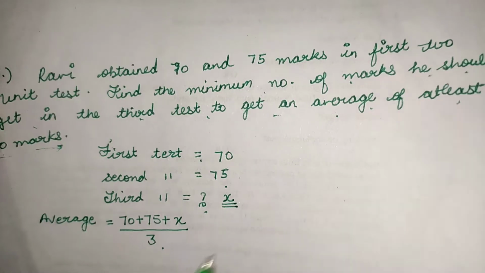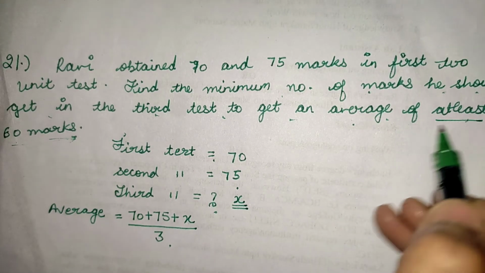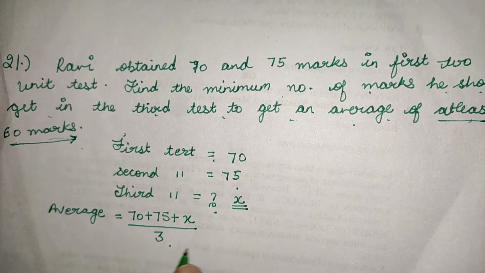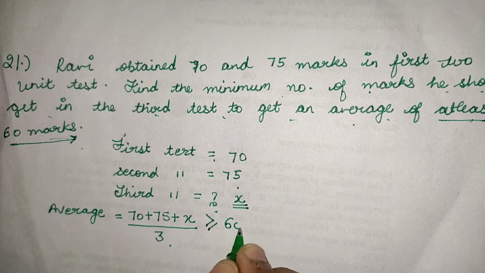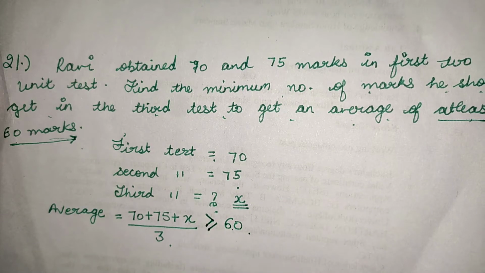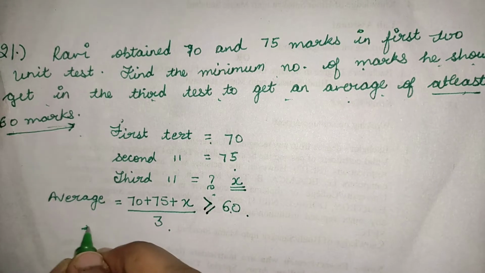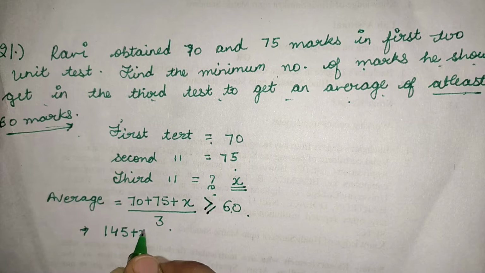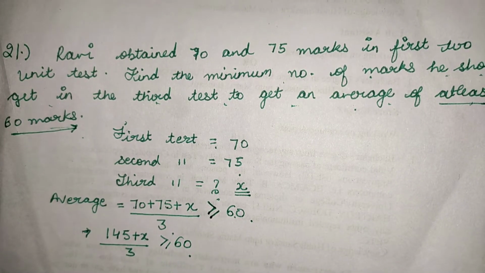Now they are saying that this average should be at least 60 marks, meaning the minimum value should be 60, so it can be equal to 60 or greater than or equal to 60. If I solve this, I will get (145 + x)/3 ≥ 60.